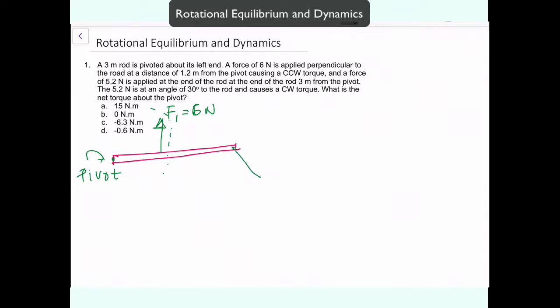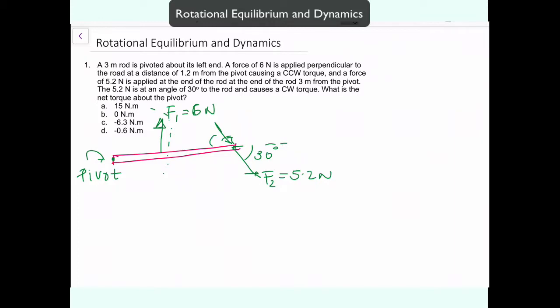That means you have force 2, which is equivalent to 5.2 Newton, acting at 30 degrees to the rod. You may draw it like this, or you may also draw F2 like this. Both ways result in the same answer.